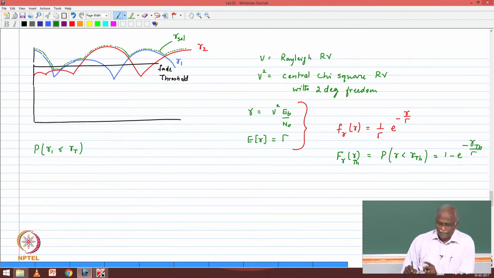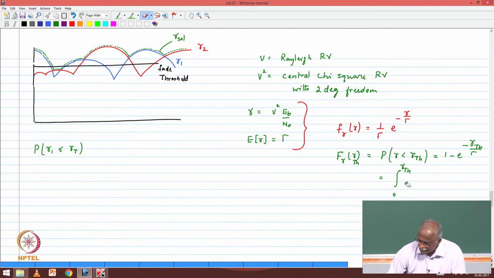We have already derived that result as well. This is nothing but the integral from 0 to gamma threshold of f gamma of gamma d gamma. That's the expression that we have received.